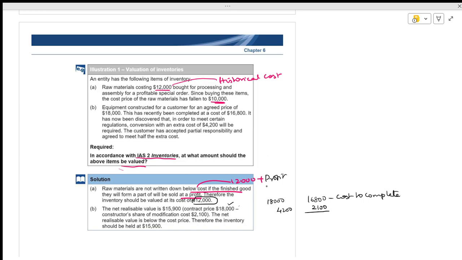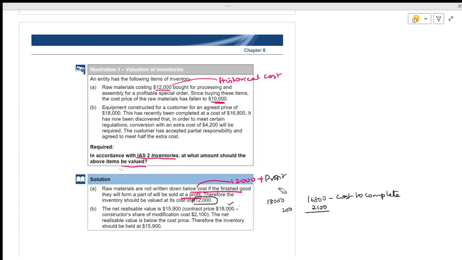This has recently been completed at a cost of 16,800. It has now been discovered that in order to meet certain regulations, a conversion cost with an extra cost of how much? 4,200 will be required. How much have they agreed to pay?